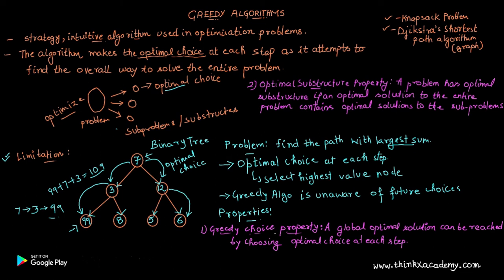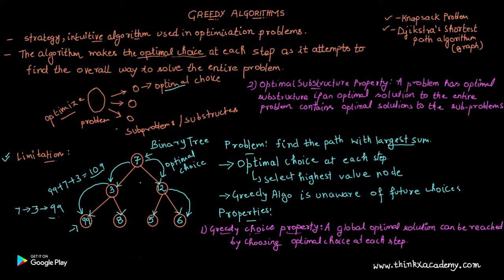If the given problem has the greedy choice property, that means a global optimal solution, that means our whole problem is optimal, and if we want to reach the optimal solution, the optimal choice at each step should contribute to the optimal solution. So it says the global optimal solution can be reached by choosing the optimal choice at each step.